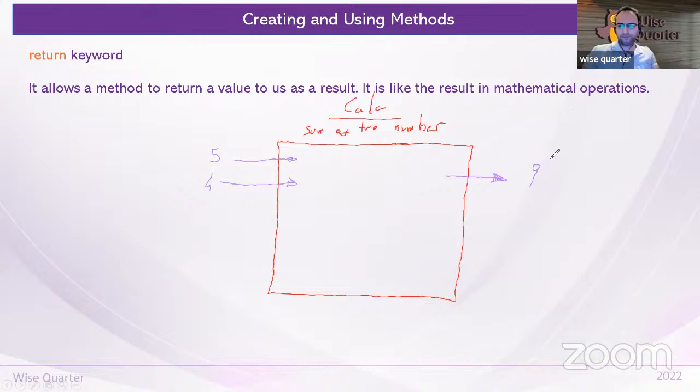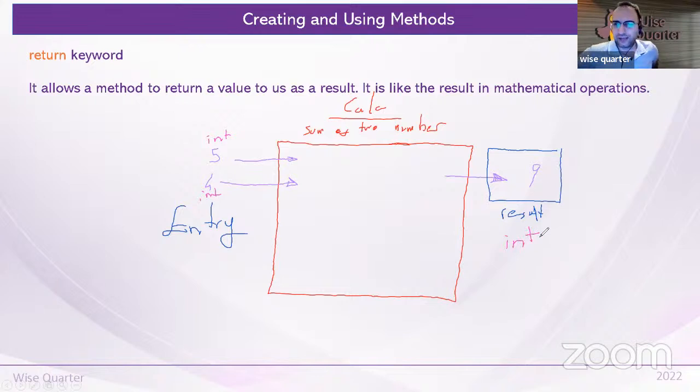So this is the result. These are the entries. As you can see, we have entered two integer numbers. The result is also an integer. You should mention that.